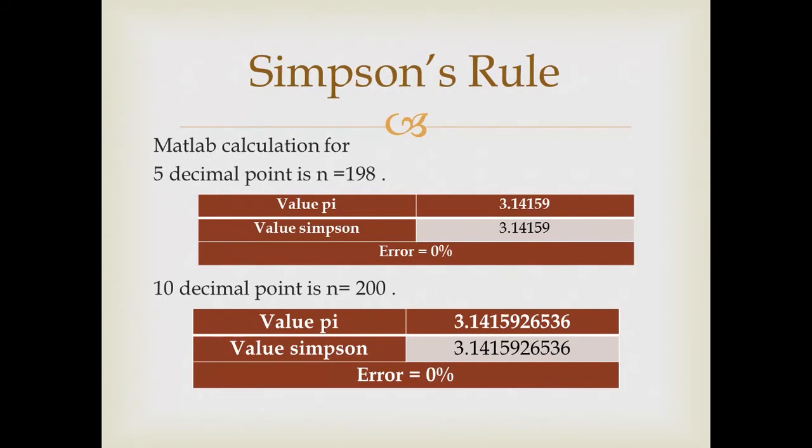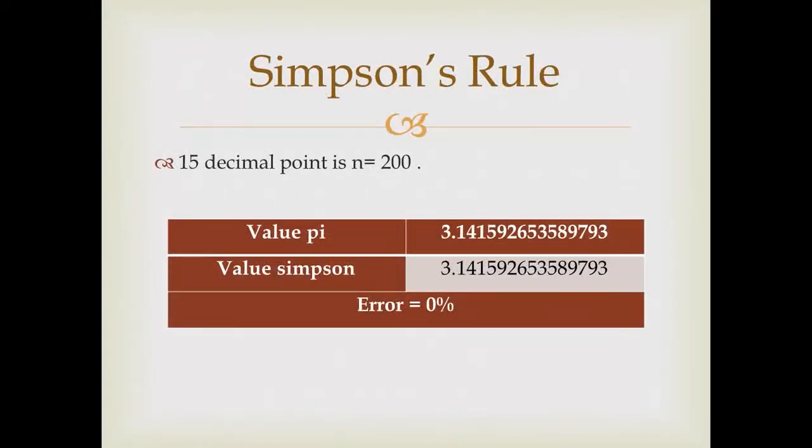The error is equal to 0%. Lastly, for 15 decimal points, n is equal to 200. The value is 3.141592653589793. The error is also 0%.